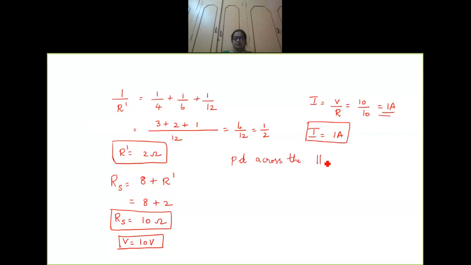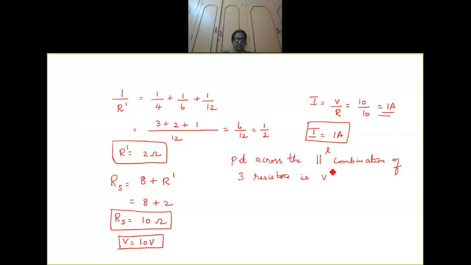I have drawn two lines, children. Parallel combination of how many resistors there? 3 resistors. What is the potential difference there?